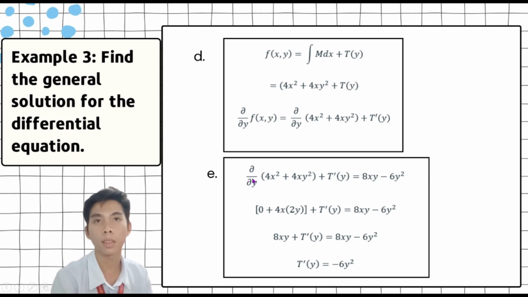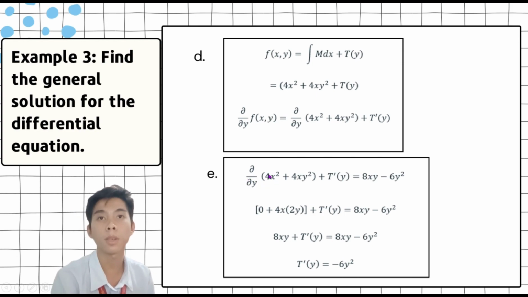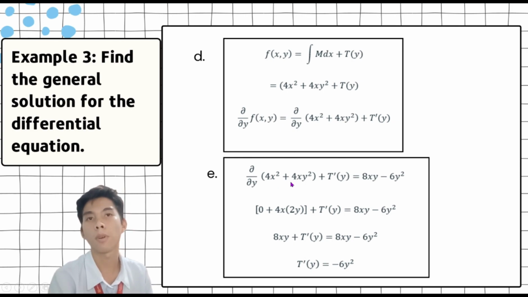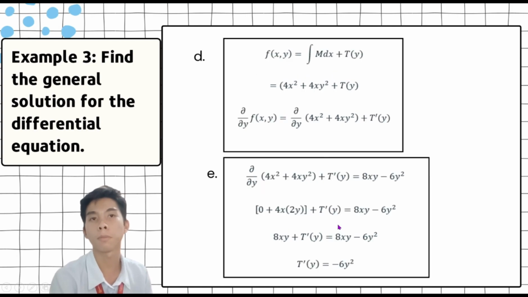So we get 4x squared plus 4xy squared plus t prime of y is equal to the value of our partial derivative of the function in terms of y, which is 8x minus 6y, or 8xy minus 6y squared.